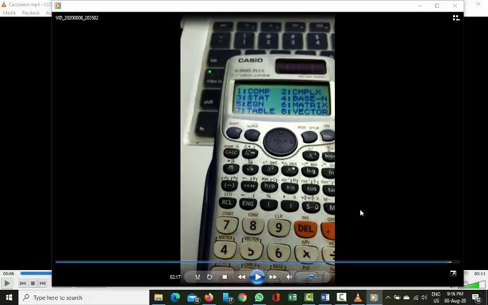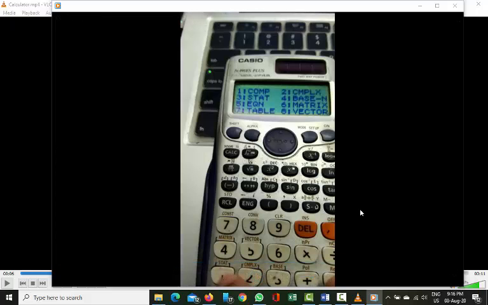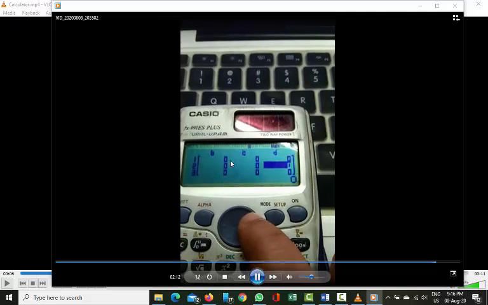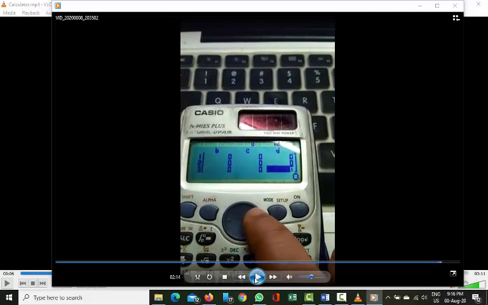The cursor will move to the next cell, and then you type the value and press equal to input it. In that way, you should input all the values in those columns and rows.